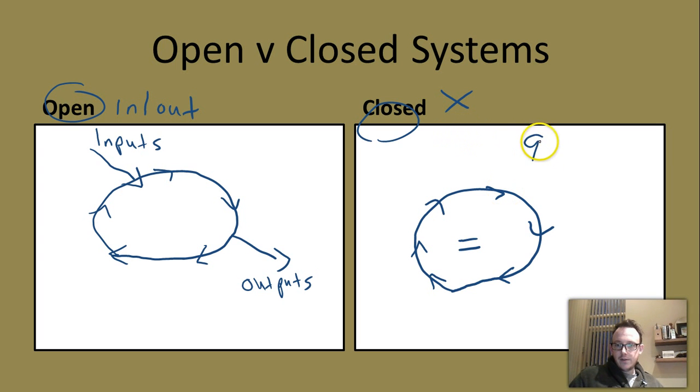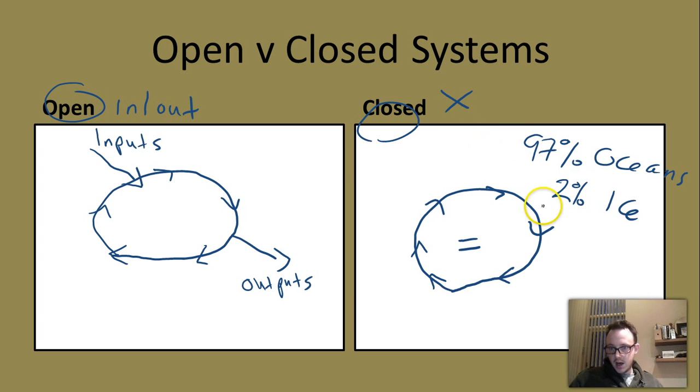So 97% of the water on Earth is in oceans. 2% is in its solid state in terms of ice, so it could be glaciers, snow, ice caps, icebergs. And then the remaining 1% is the stuff that we're interested in, and that's the fresh water that is easily accessible, so fresh water in rivers, lakes, ponds, whatever.